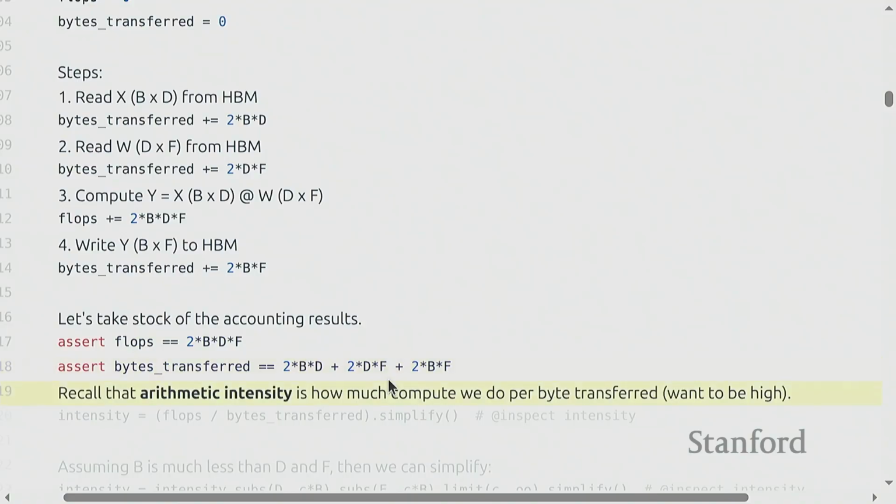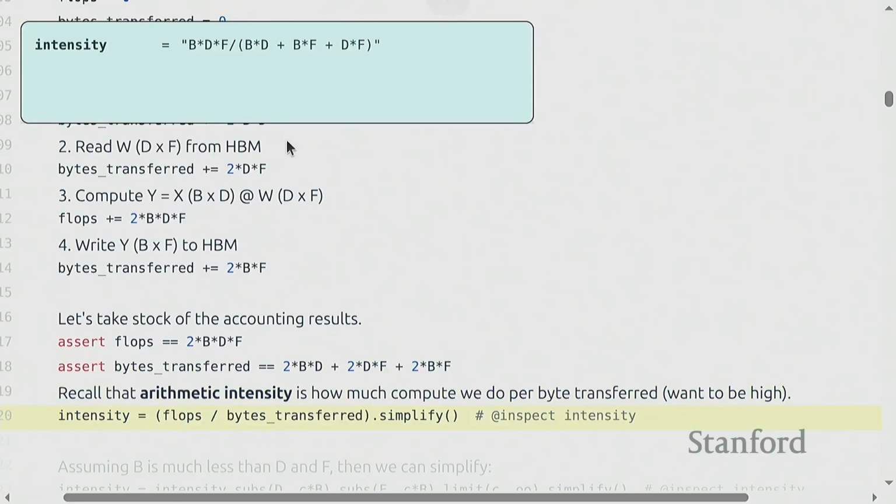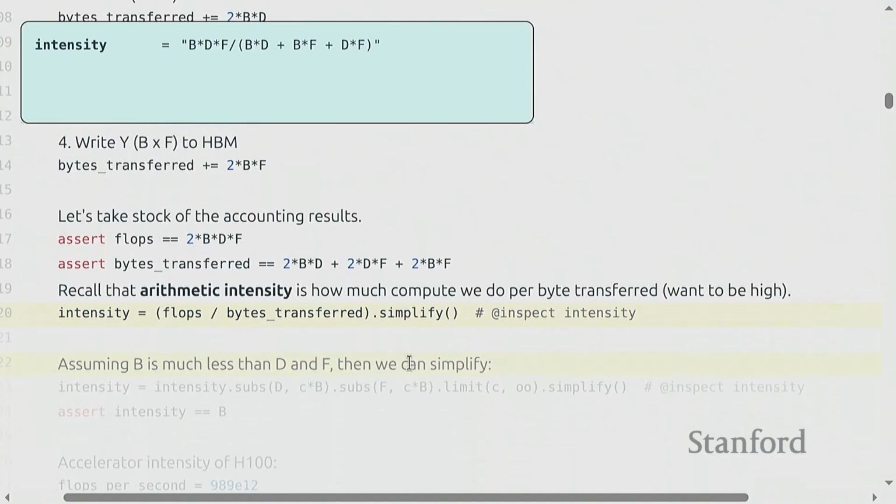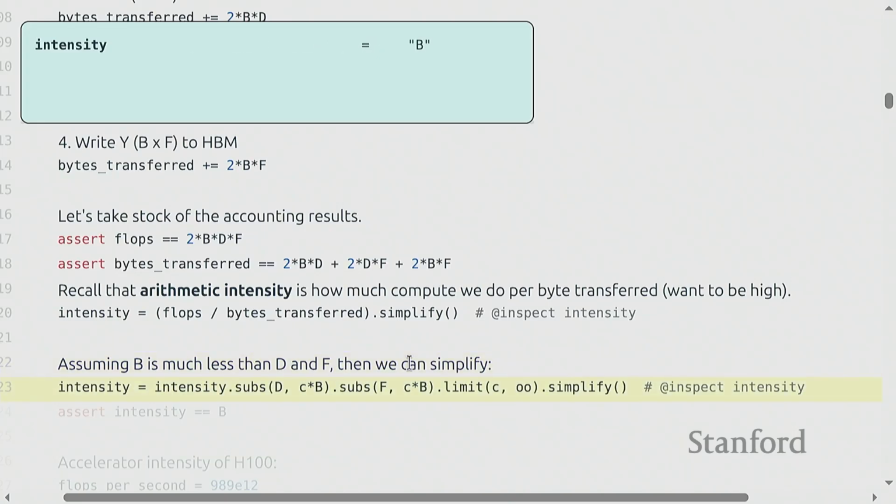And arithmetic intensity is basically the ratio. So the ratio is this expression. In general, just to simplify things a bit, the batch size is much less than D and F. B may be hundreds, and D and F might be thousands or tens of thousands. I'm using SymPy here just to keep myself from making silly mistakes.